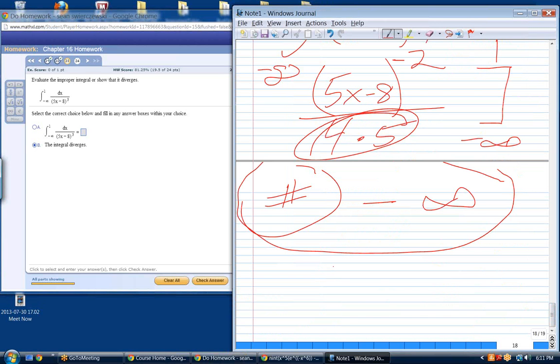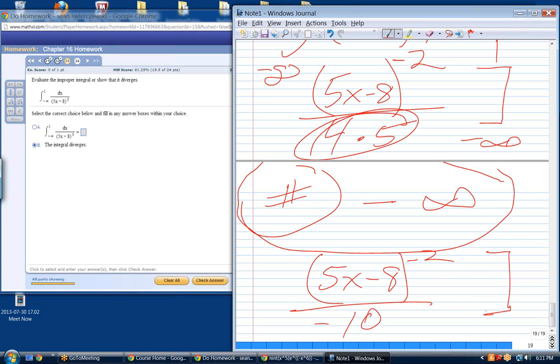So could you write out 5x minus 8 to the minus 2 divided by minus 2 times 5. So divided by minus 10. So that's the integral, evaluated from 1 to negative infinity. Well, when we put 1 in there, we know what we're going to get. When we put infinity in there, we're going to get a 0.